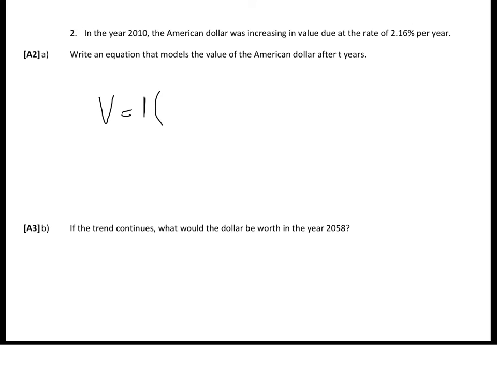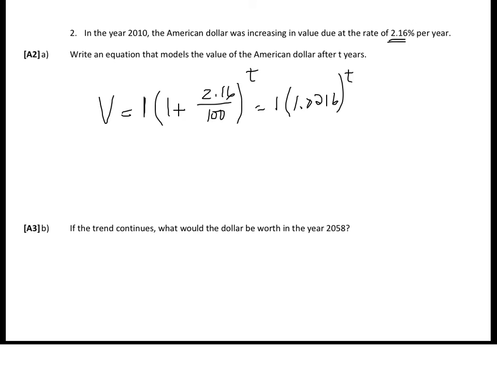Now, the rate is increasing by 2.16%. So this means that our ratio is going to be 1 plus 2.16 divided by 100, exponent t, which is the number of years. This, if you simplify it, becomes 1 times 1.0216 exponent t.